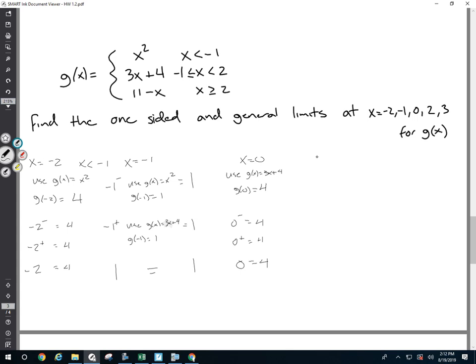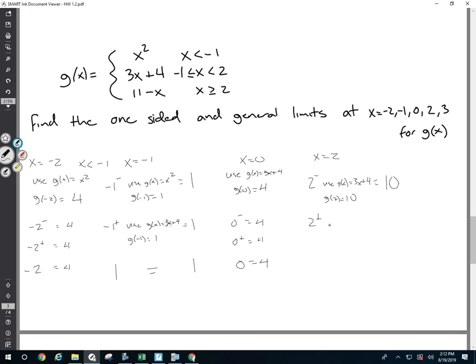Let's look at x equals 2. This is another interesting situation where the left and the right-hand limits are going to be different, because if I'm looking just to the left of 2, x is just less than 2, I'm going to use 3x plus 4. And g of 2 is 6 plus 4, which is 10. So from the left of 2, I got 10.